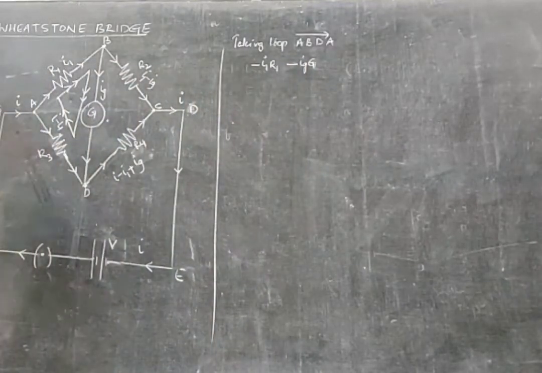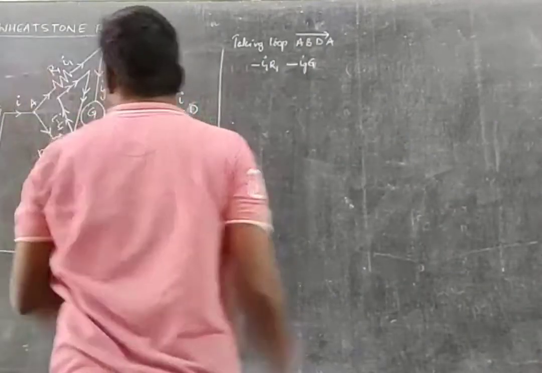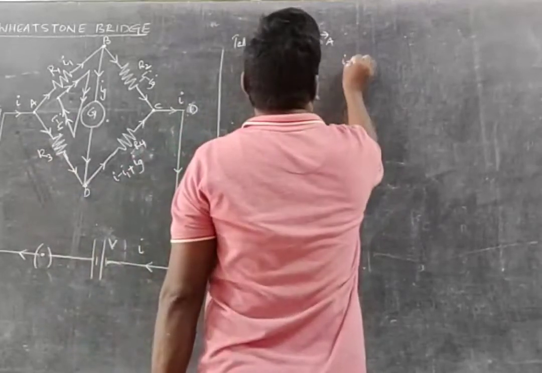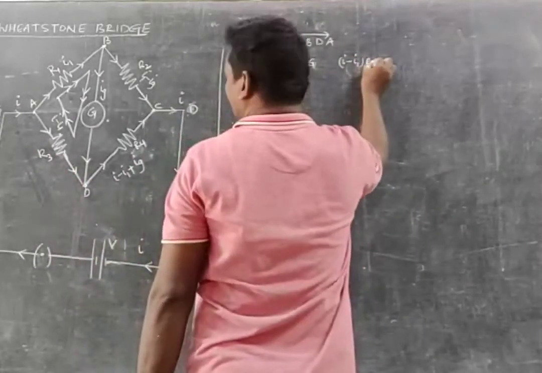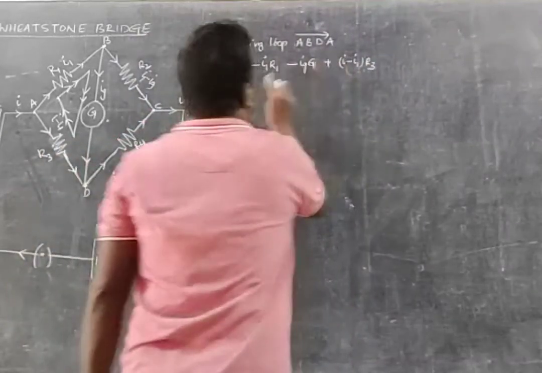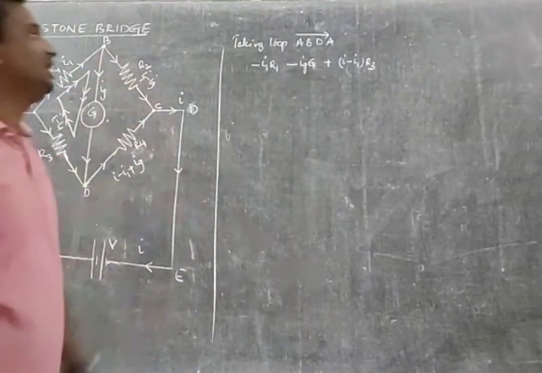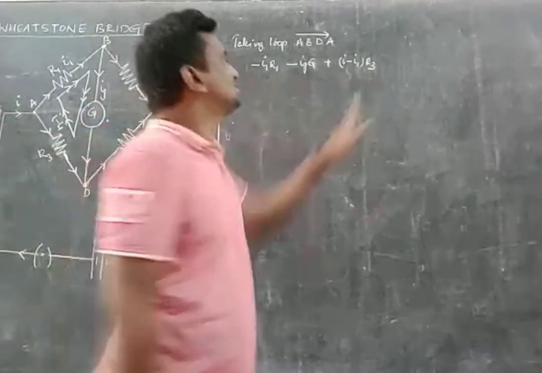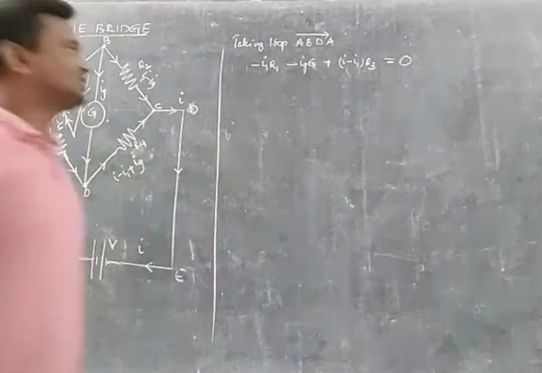Now D to A, the potential is I minus I1 into the resistor value R3. They are in opposite direction, so positive. So I have three potential drops in loop A, B, D, A, and the algebraic sum should be zero. Chalo. Equation number 1.